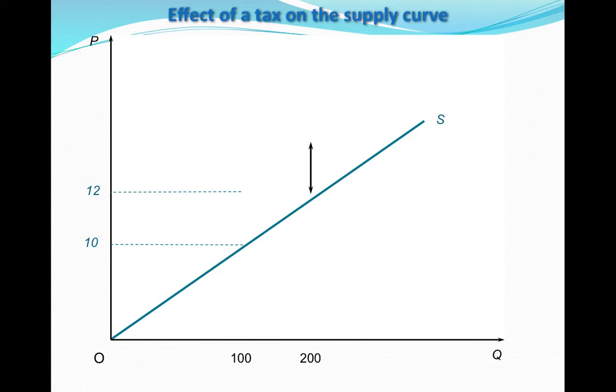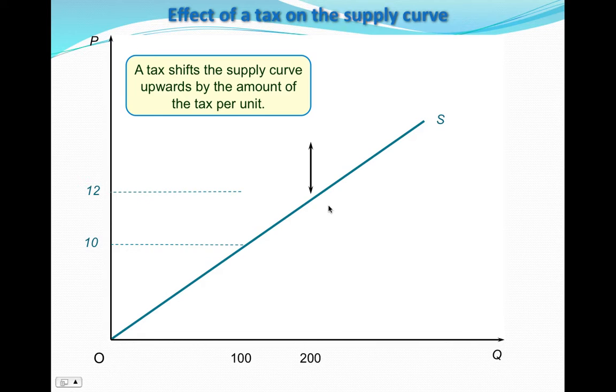So let's talk about a flat tax or a specific tax, a per unit tax. Here we can see that something might cost $10 or $12, or euros, on a supply curve, and we can see the units that would be purchased for each one. So at 10, it looks like 100 units would be purchased, and at 12, it looks like about 200 units would be purchased. If the government puts a flat tax on, that is going to create a parallel shift of the supply curve.